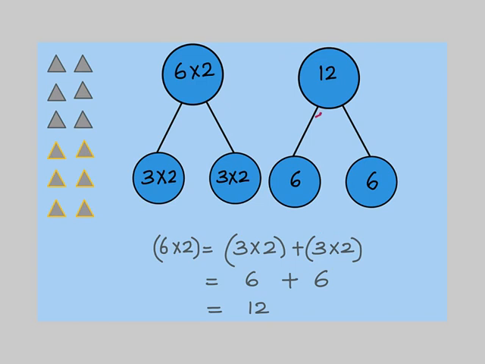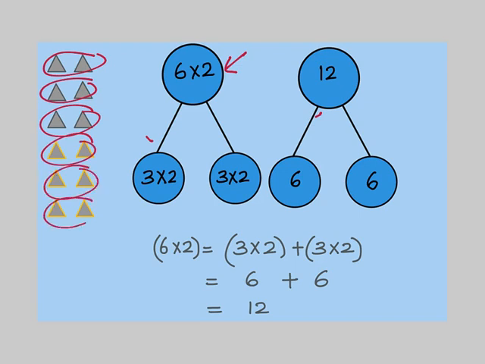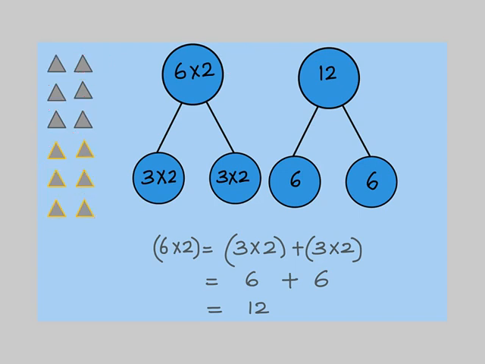So the total here is 6 times 2. 6 times 2 represents 6 rows of 2. So 1, 2, 3, 4, 5, 6. 6 rows of 2. And the parts here, this is the first part, 3 times 2. That means 3 rows of 2. 1, 2, 3, 3 rows of 2.